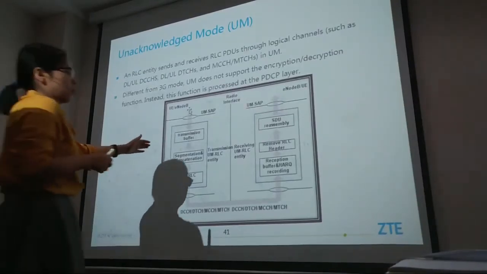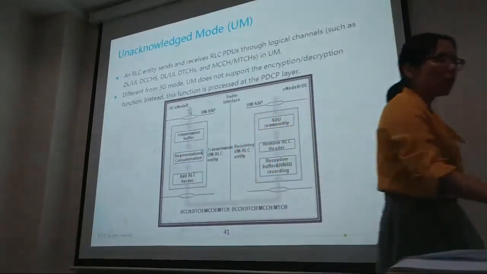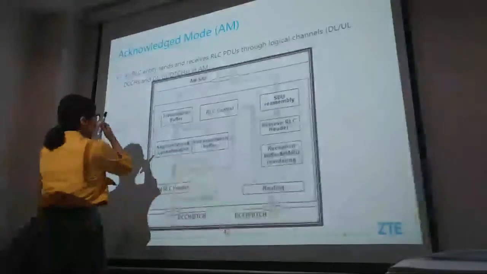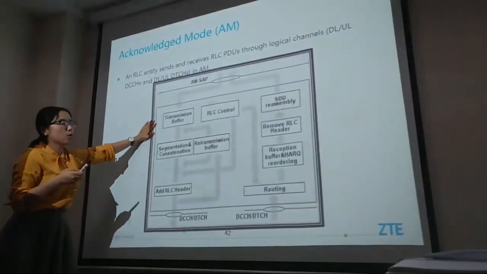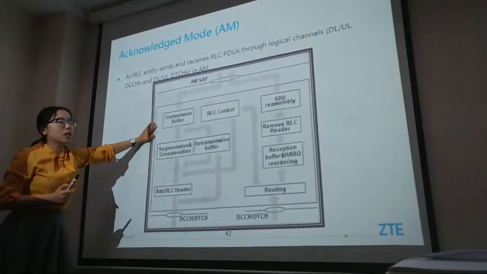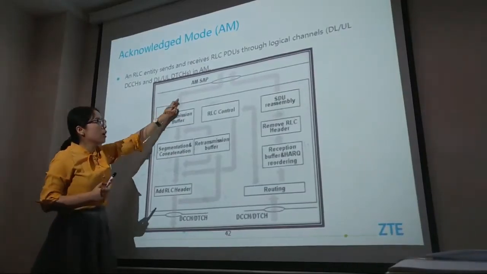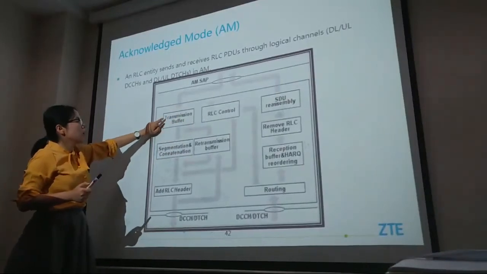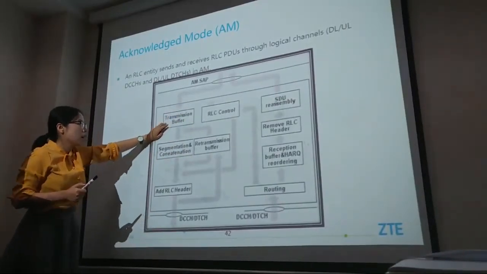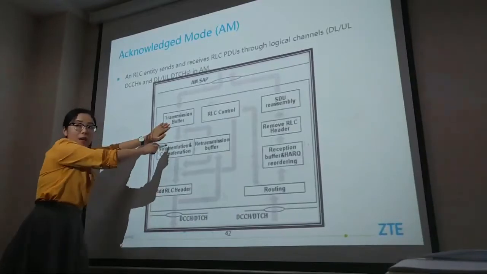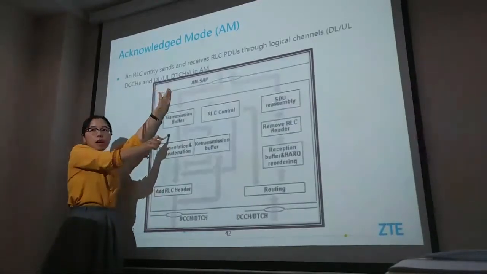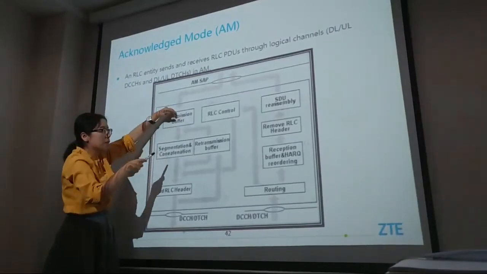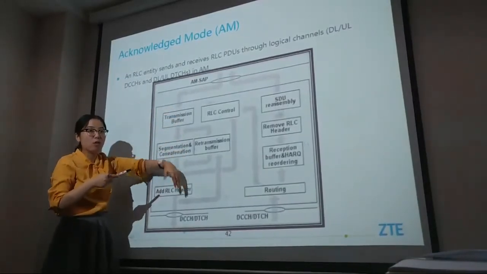This is the UM procedure. And the AM procedure is used also for DCCH or DTCH. Here, we first locate the upper layer data in the transmission buffer, and from the buffer I will transmit it to the lower layer.